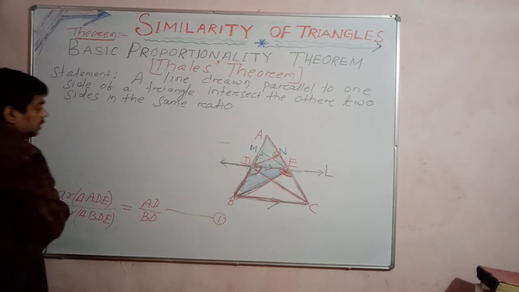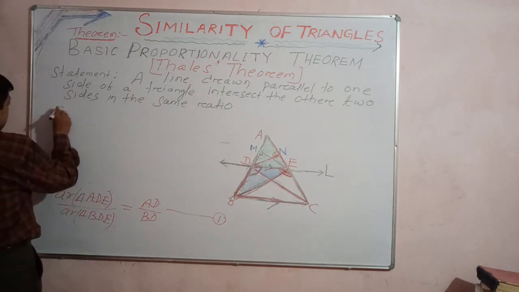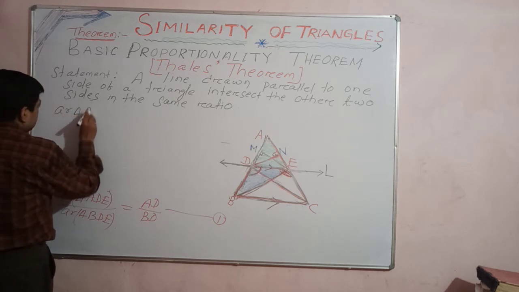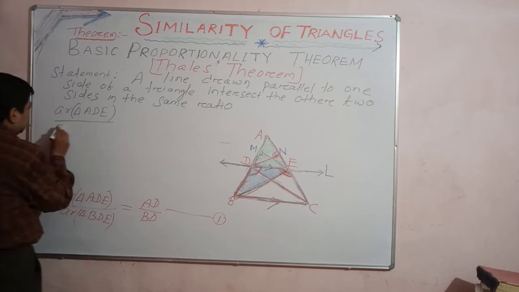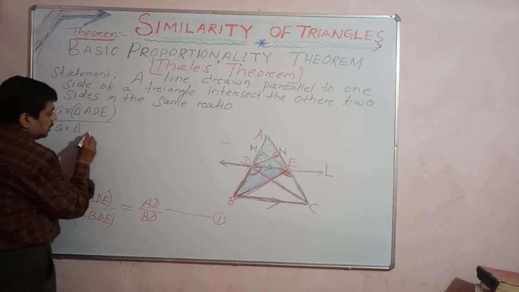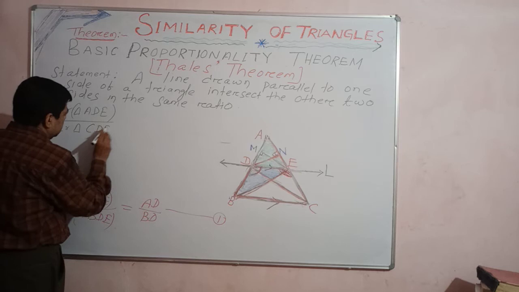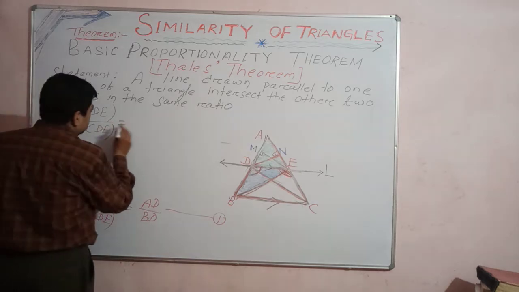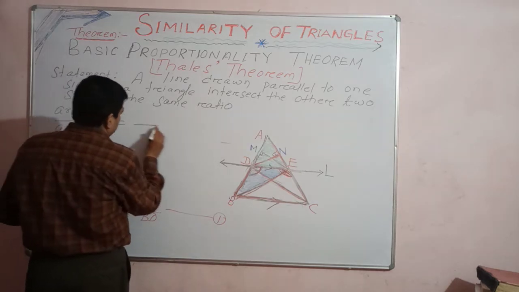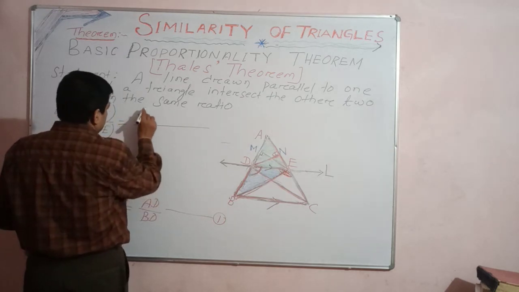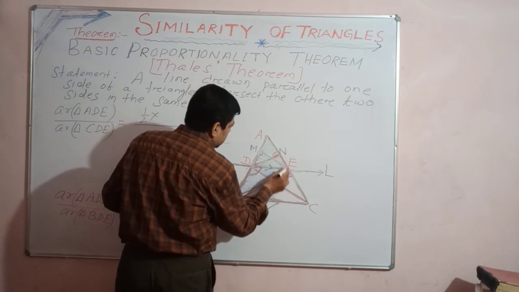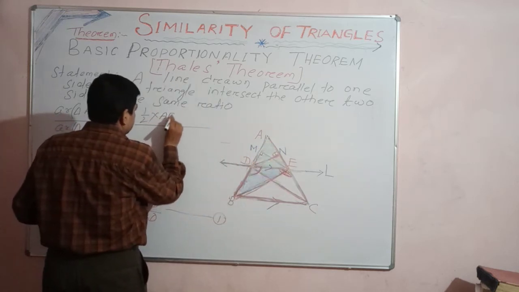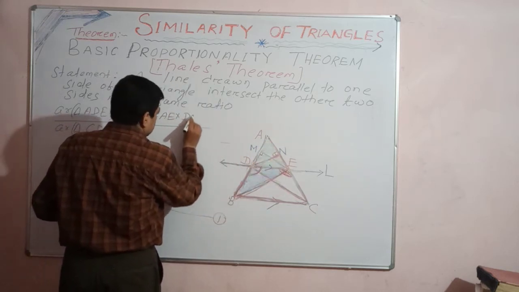Now you see the area of triangle ADE divided by area of triangle CDE is equal to, similarly we can prove, area of triangle ADE is equal to half into, if DN is the height, AE is the base, so AE into DN.